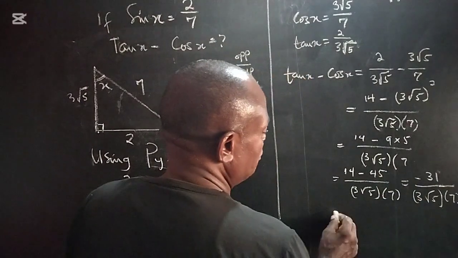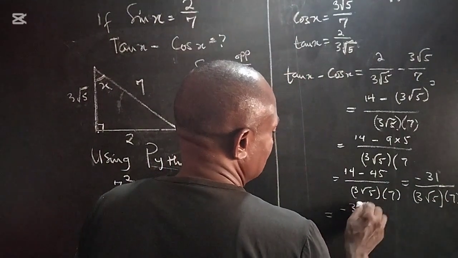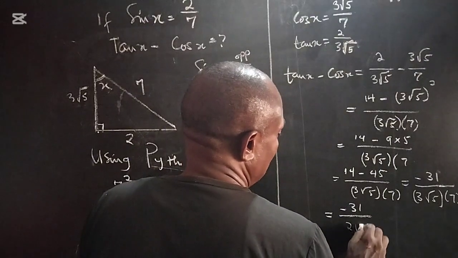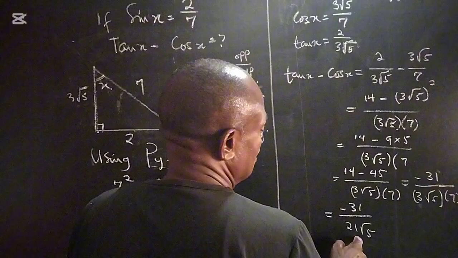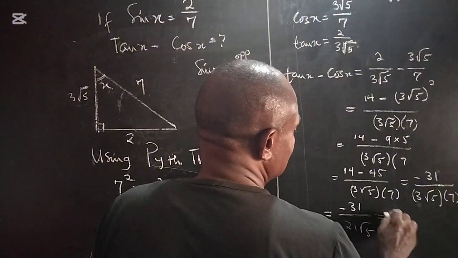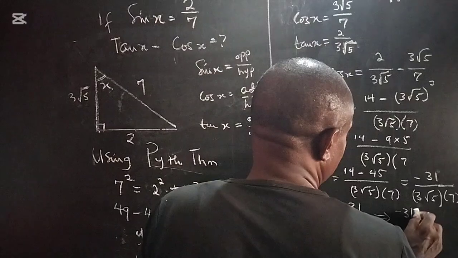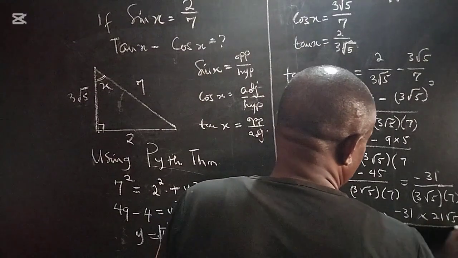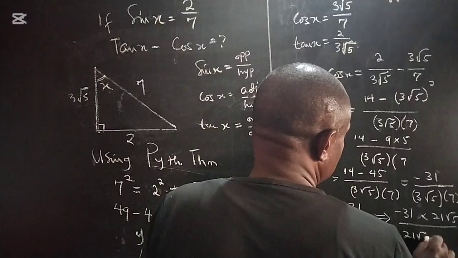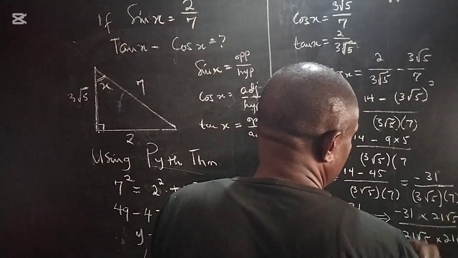So this expression means that we have minus 31 over 21 square root of 5, because this 3 multiplied by 7 will be 21. So if we rationalize, that is going to give us minus 31 times 21 square root of 5 divided by 21 square root of 5 times 21 square root of 5.